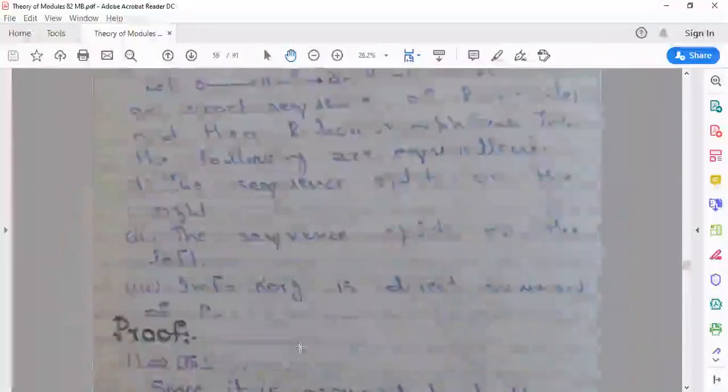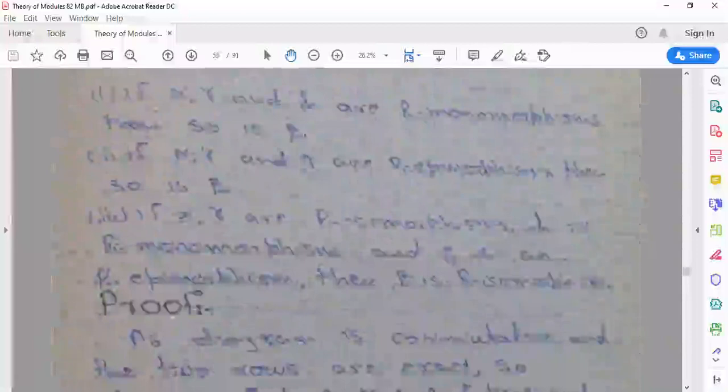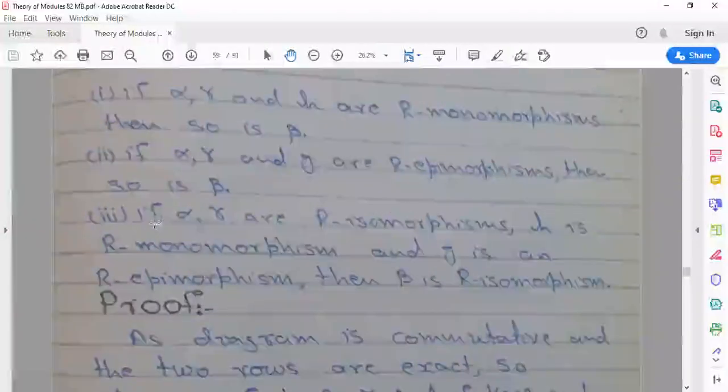The third part states that if alpha and gamma are isomorphism, h is a homomorphism and g is an epimorphism, then beta is an isomorphism.